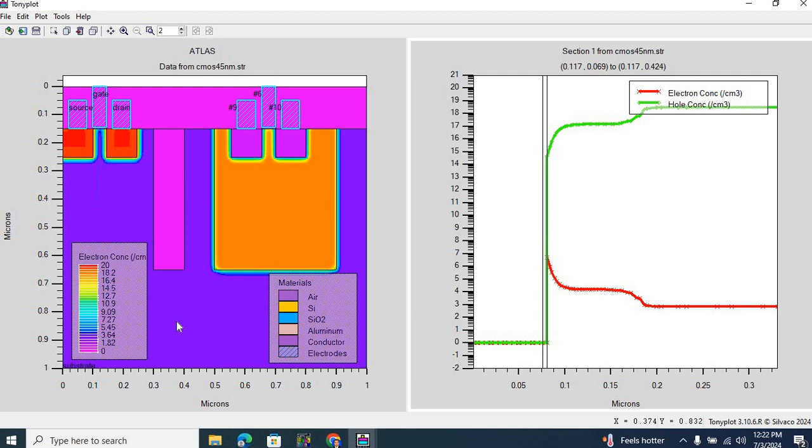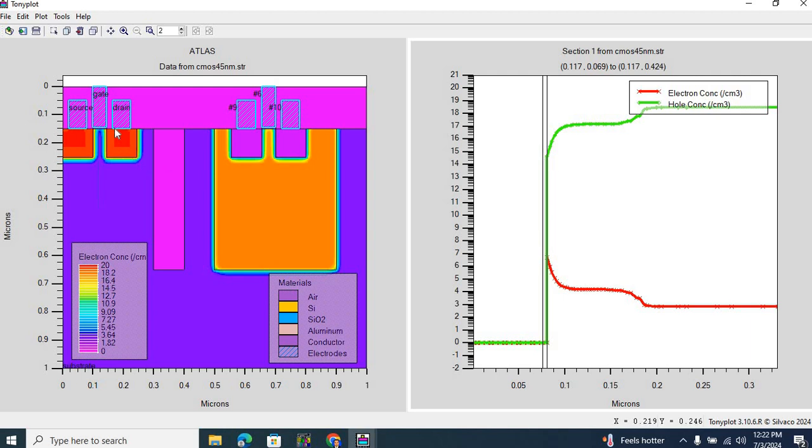So 10 to the power of 10 squared is equal to 10 to the power of 20. If the whole concentration is 10 to the power of 18, the electron concentration should be 10 to the power of 2. Similarly, if the electron concentration is 10 to the power of 6, the whole concentration should be 10 to the power of 14.